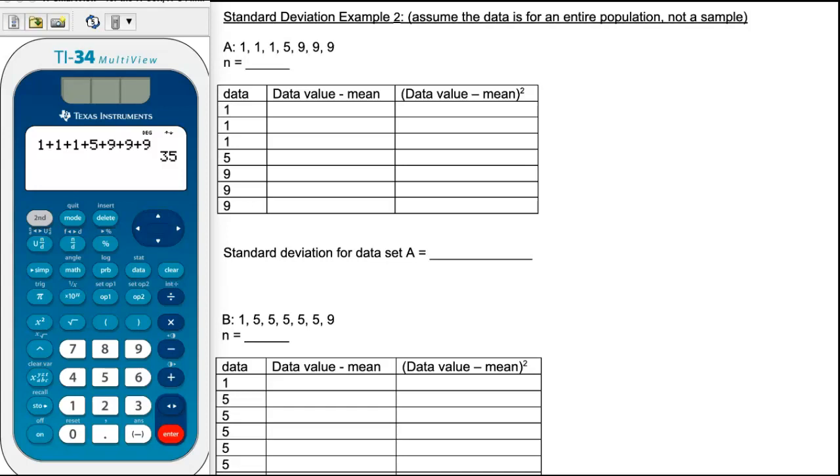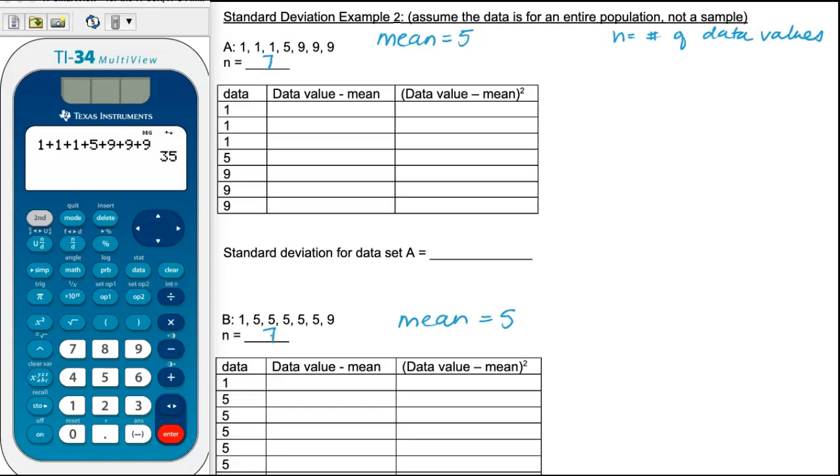And we already did that before, so I'm just going to write down the mean is 5, and I'll do that for this example down here. The mean is 5. And in both of these, n stands for number of data values. So both of these lists have 1, 2, 3, 4, 5, 6, 7 data values. So I'm just going to put a 7 there.